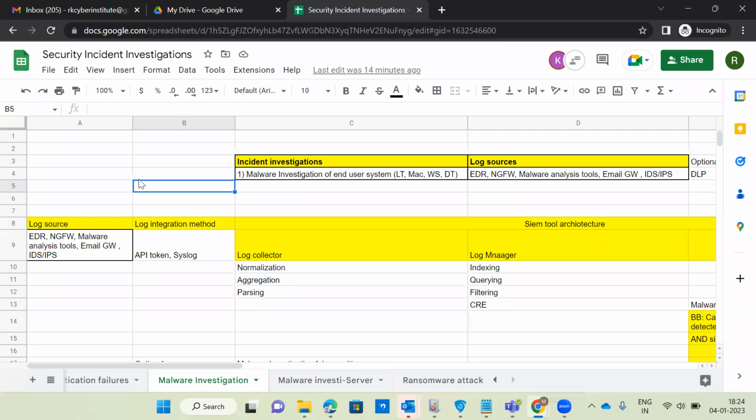True positive meaning here, maybe the EDR tool is bypassed, or maybe the next generation firewall tool or network IPS tool did not block that particular activity even though it has the capability to. Once that malware alert comes as a true positive scenario, what exactly do we have to do?